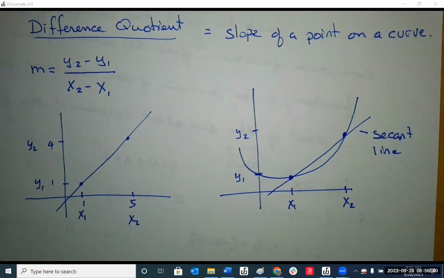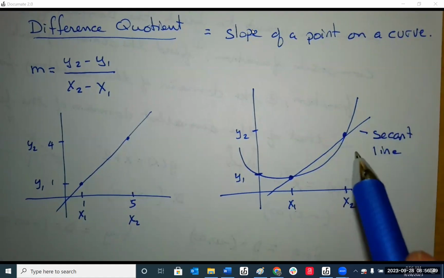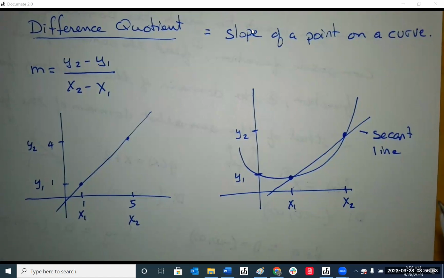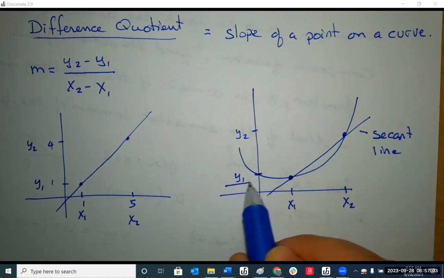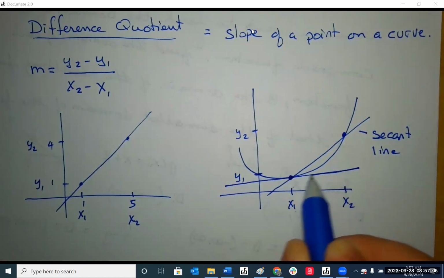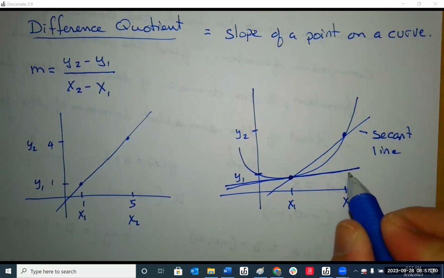So in other words, to find the slope of a curve, we cannot have 2 separate points. We can only use 1 point. For example, at this point here, the slope of the curve at that point there is there.